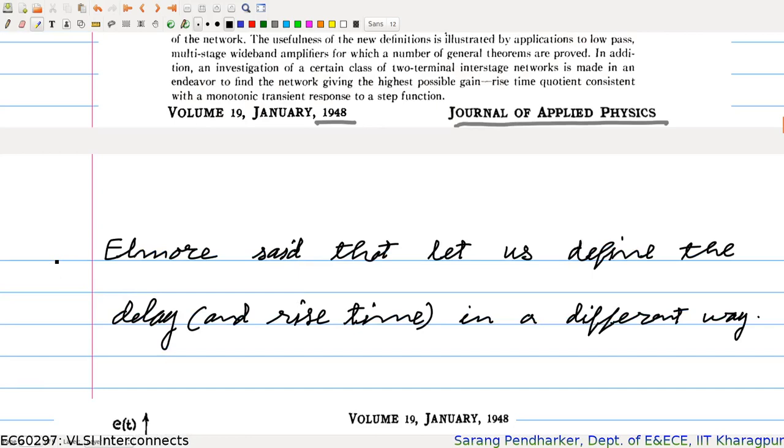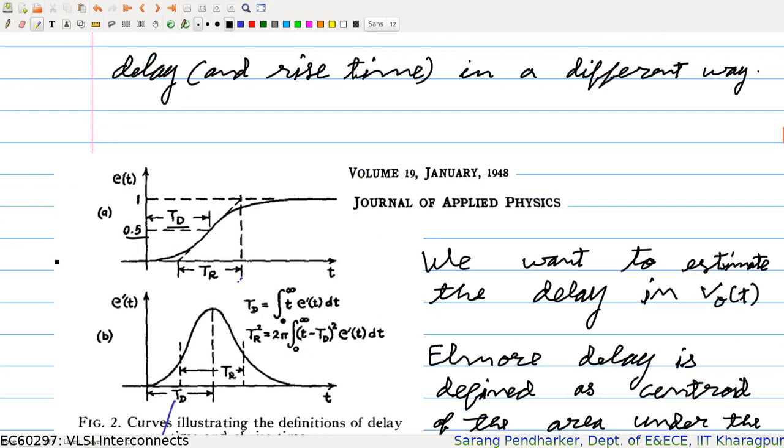So he said that if I have an output voltage E of t, so in his paper he is using the term E of t. This is basically our V out of t. If I have an output voltage, this is the response to a unit step function.